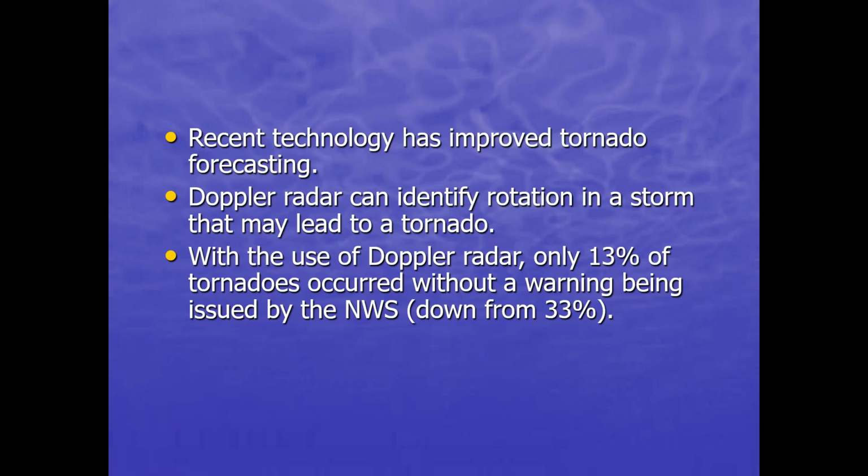This network of radars across the country, which is in place right now, was installed mostly in the early 1990s. This has improved the detection of rotation in storms, so this has improved tornado forecasting. Doppler radar can identify rotation in a storm, but not necessarily the tornado.